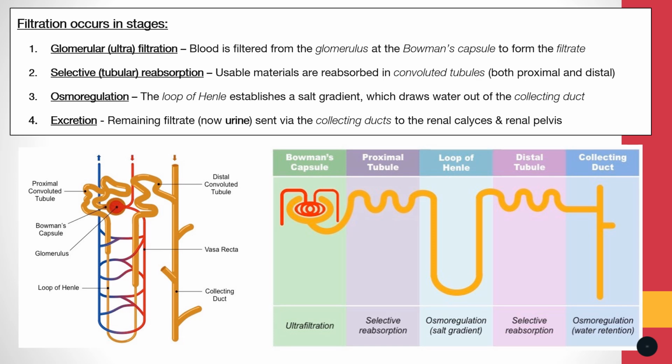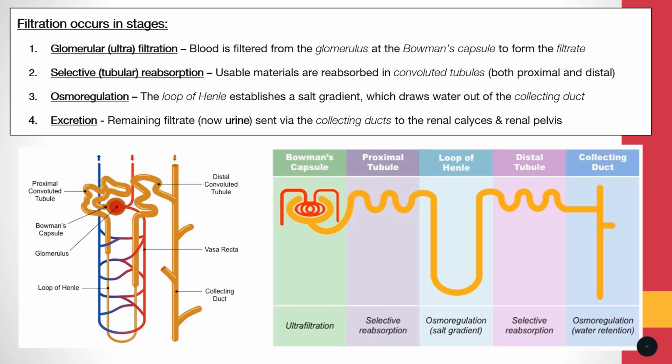Lastly, excretion is when we take that remaining filtrate, which is now urine, and it's sent via the collecting ducts to the renal calyces and the renal pelvis, and then that eventually gets moved all the way out of the kidneys. And then I gave you a little diagram that shows this a few different ways to hopefully help you visualize it later.